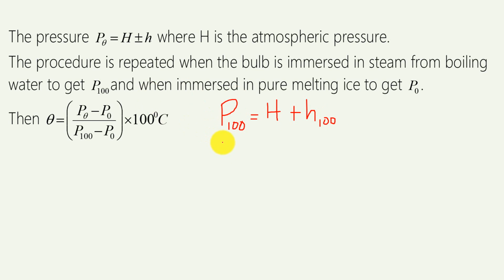Then P theta, the pressure at that unknown temperature, is going to be atmospheric pressure plus the difference in the heights in the levels of the two menisci, which is going to be small h theta. Then when immersed in pure melting ice, we get P naught. P naught is going to be H plus small h naught. In all cases we have plus.